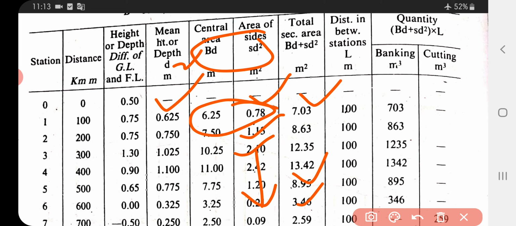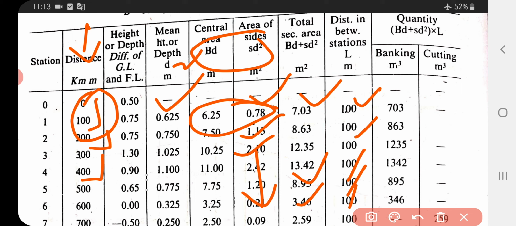Distance, as you will get from here, first is 100 meters, second is 100 meters, third is 100 meters, meaning the difference between two stations is 100 meters, so we take the value as 100 meters.